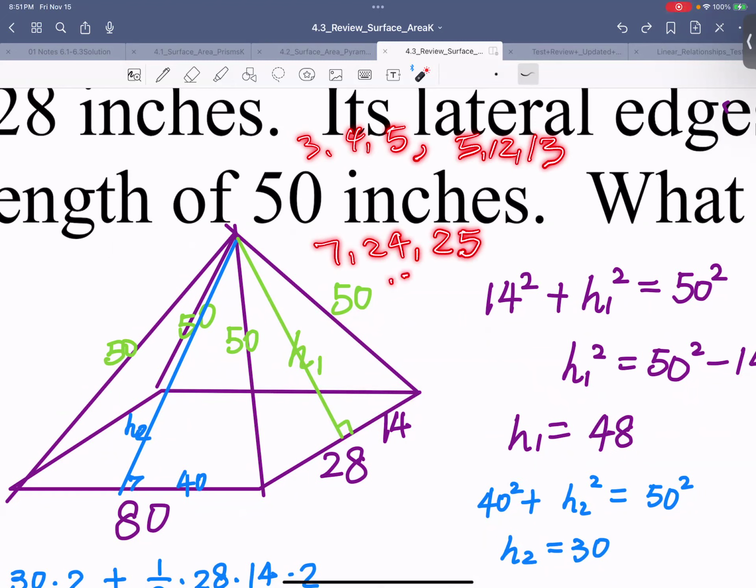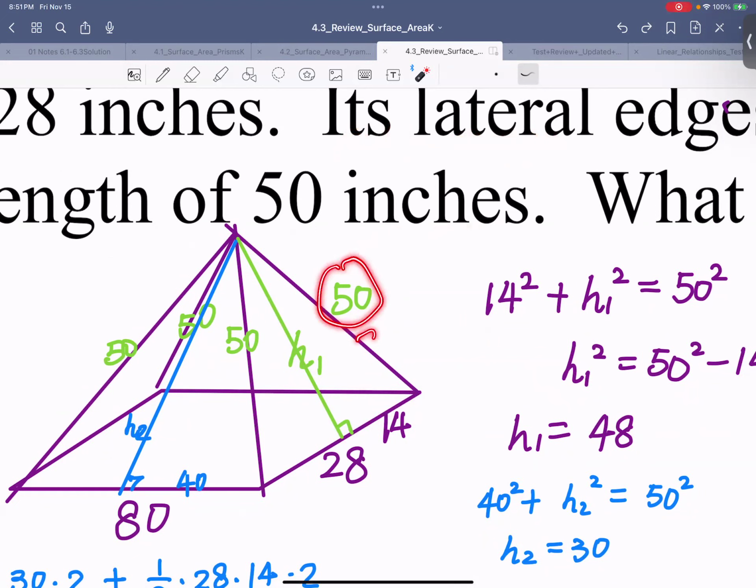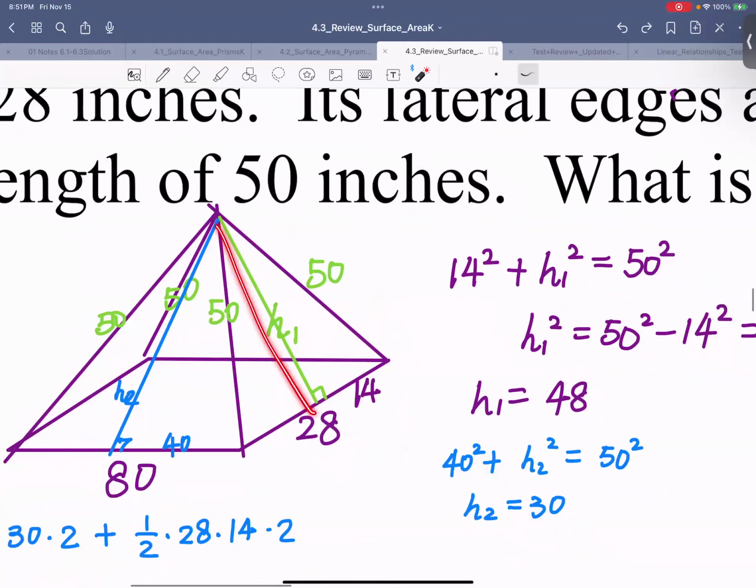Multiplying by 2. So you divide by 2, this is 25. And divide by 2, this is 7. If 7, 25, this part will be how much? 24. Yeah, 24. And then you double, which is 48. Make sense? Right. So that one is 48.